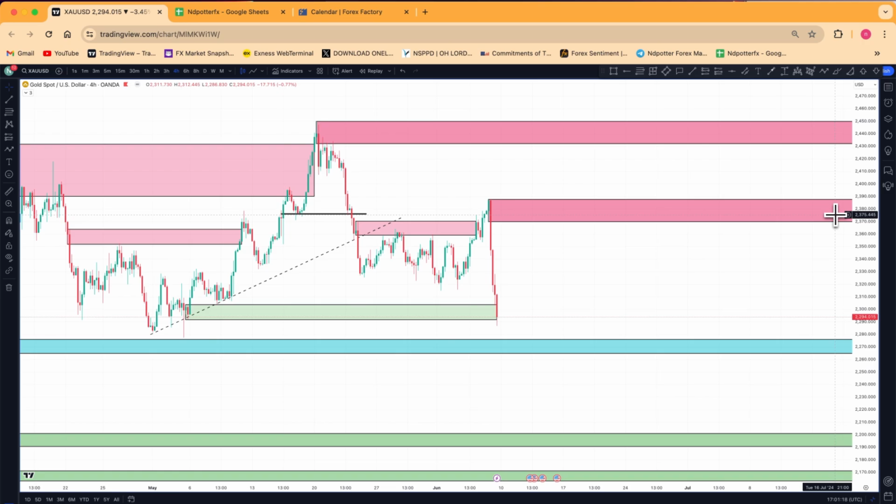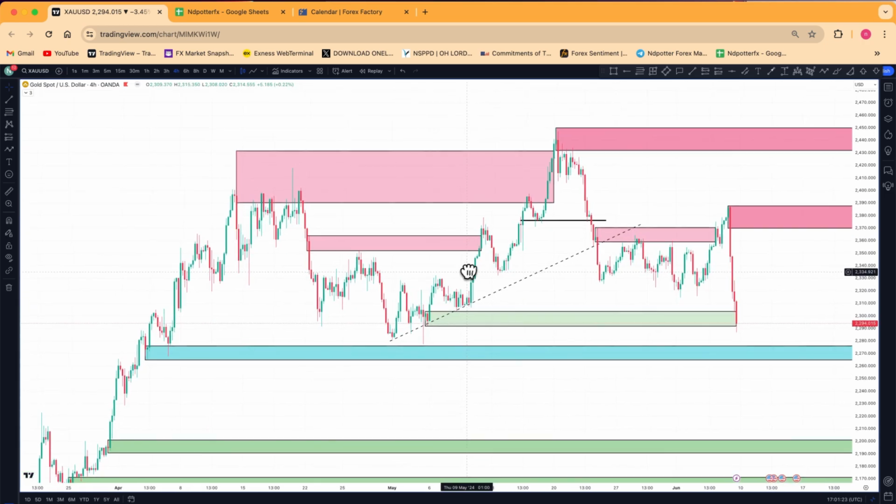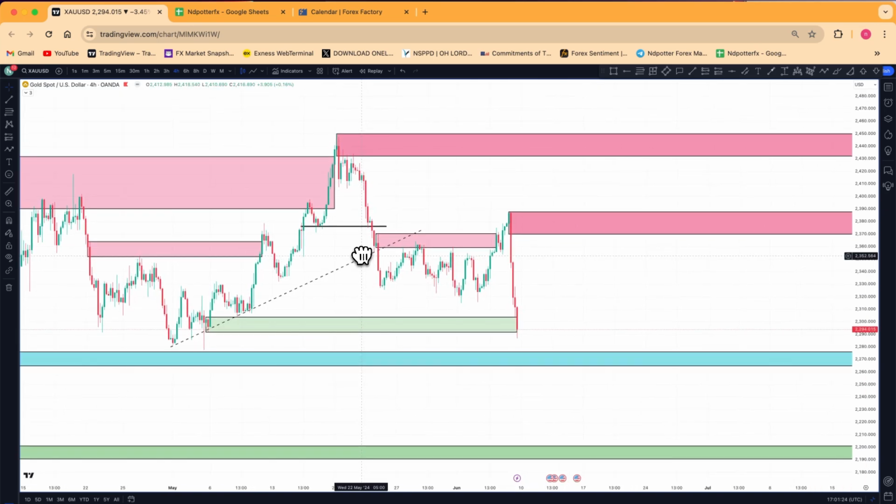So I always trade it with care. That's why I haven't been trading it for quite some time now. I have just been stepping aside, looking at what is playing out and trading other pairs that I love to trade. So this is what I'm expecting.